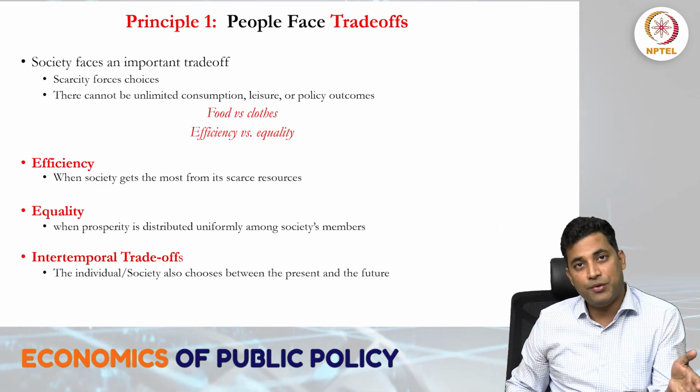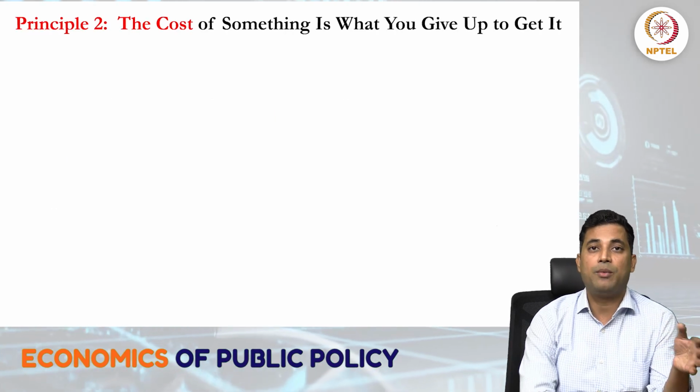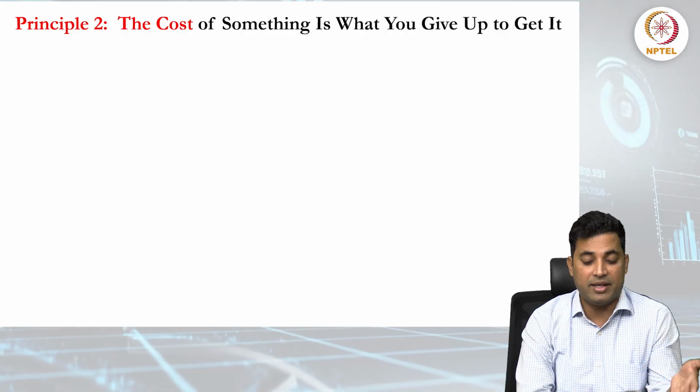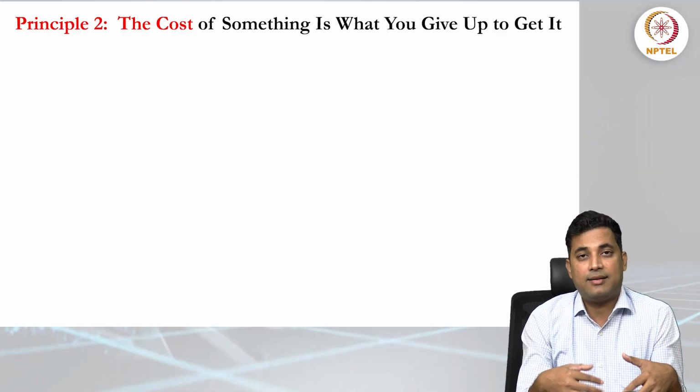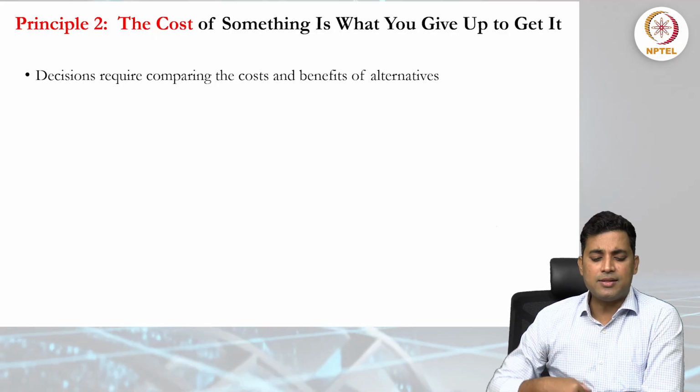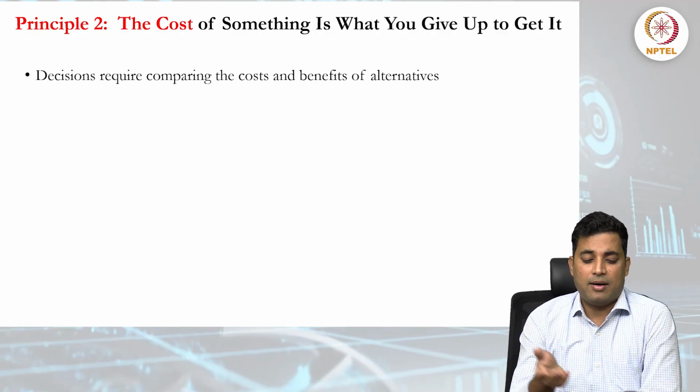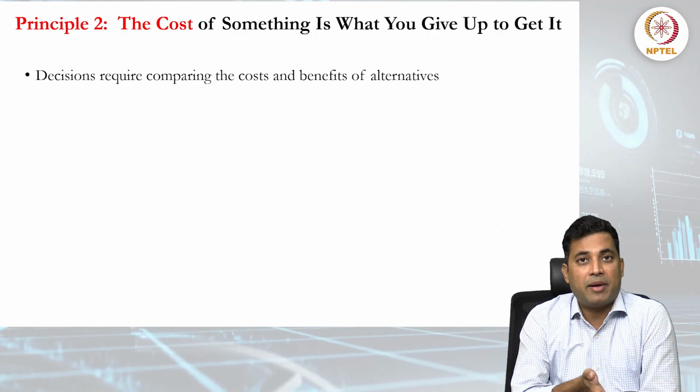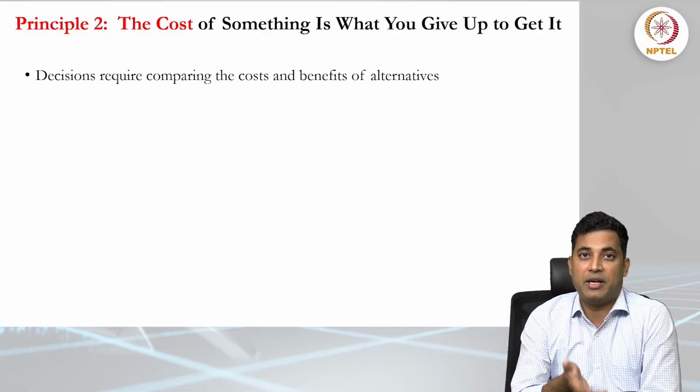Now let's move to principle 2, which talks about cost. We have already discussed this cost, but let us discuss it in more detail here. Decisions require comparisons between cost and benefit.